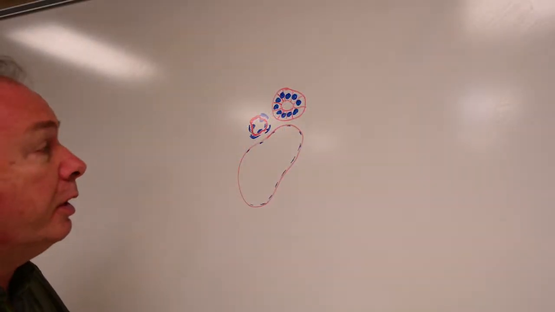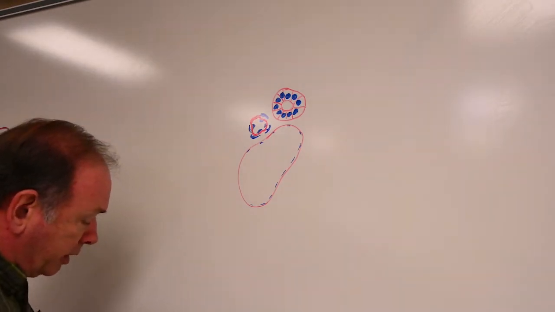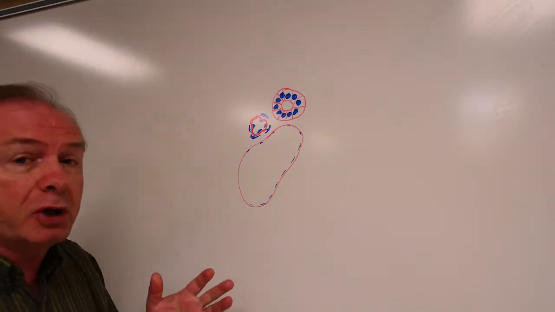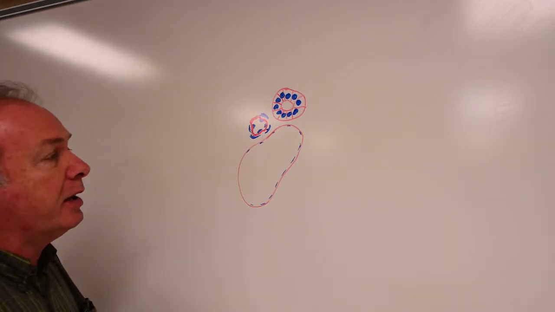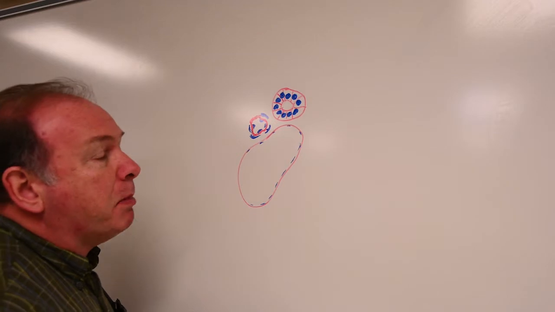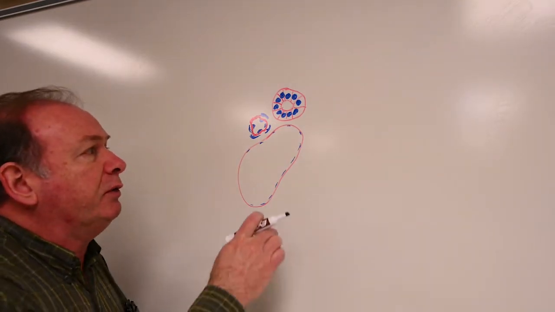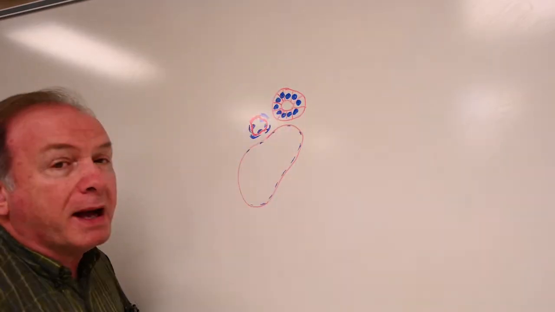Here we have a crude drawing of portal triad material, just to represent what's going on in this. The portal triad consists of a hepatic artery branch, a hepatic portal vein branch, and a bile duct. Now, not all of our portal triad locations consist of only one artery, one vein, and one bile duct.